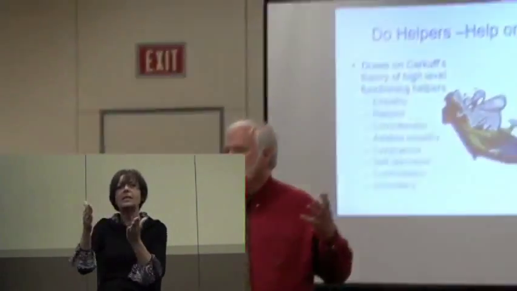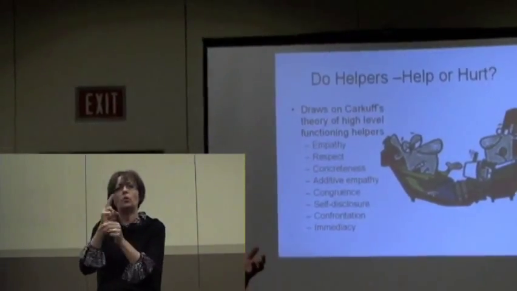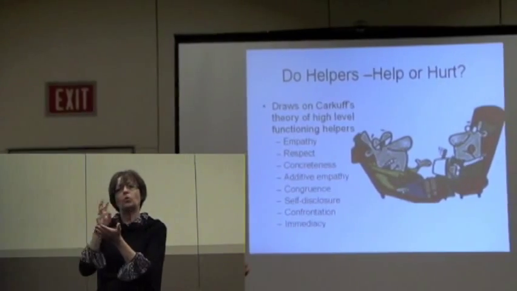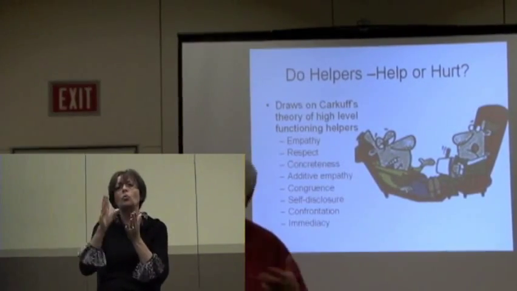Okay. All right. Basically, this material that we're pulling from is from a book by Gerard Egan called The Skilled Helper. I think it's in something like its 11th edition. It is a very common book to be utilized in almost any program that trains social workers. It's been used in suicide prevention.